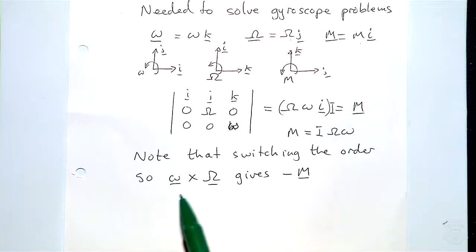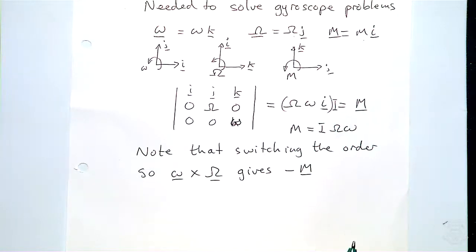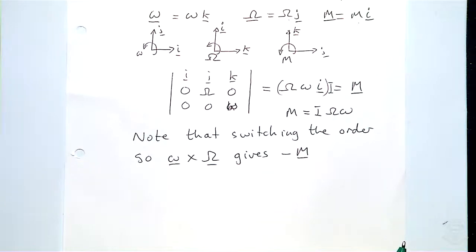By definition, if you switch the order, it gives you the opposite sign, and that's because you end up with k times j, which is minus i, instead of j times k, which is plus i. So just be aware of that.